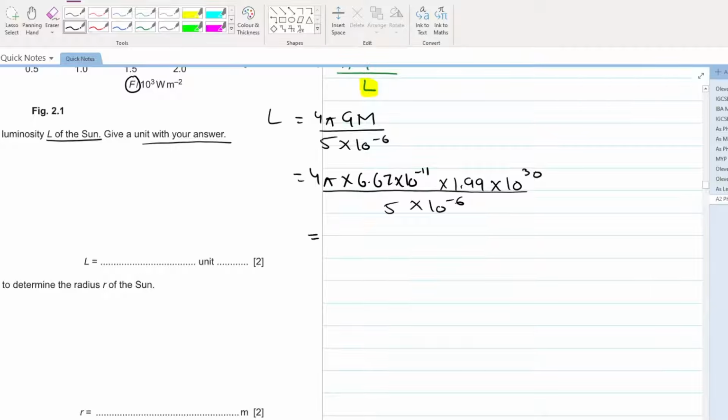Can any genius tell me the answer of luminosity? My answer is coming out to be 3.8 into 10 raised to the power of 26. But please confirm it because we have to do the next part with the same answer. Please confirm this answer. Anyone in the chat?